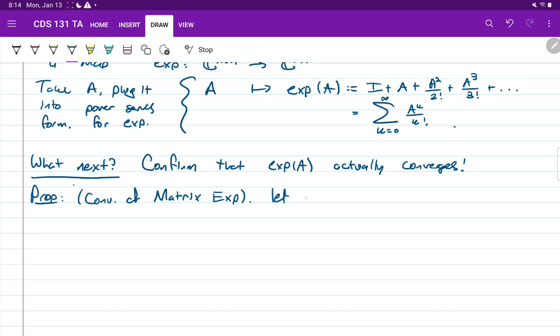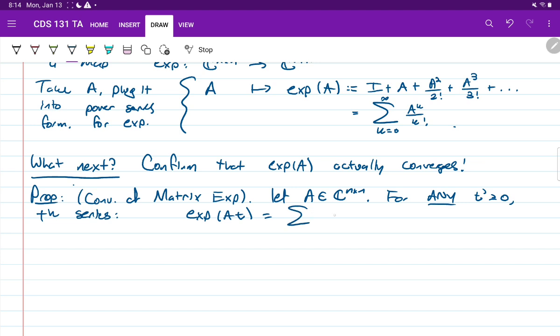So what I'll say is take a matrix A in C^(n by n), then for any time t prime greater than or equal to 0, the series exp of A times t, which we defined above to just be the sum from k equals 0 up until infinity of A to the k t to the k over k factorial, converges uniformly on the interval from minus t prime to t prime.